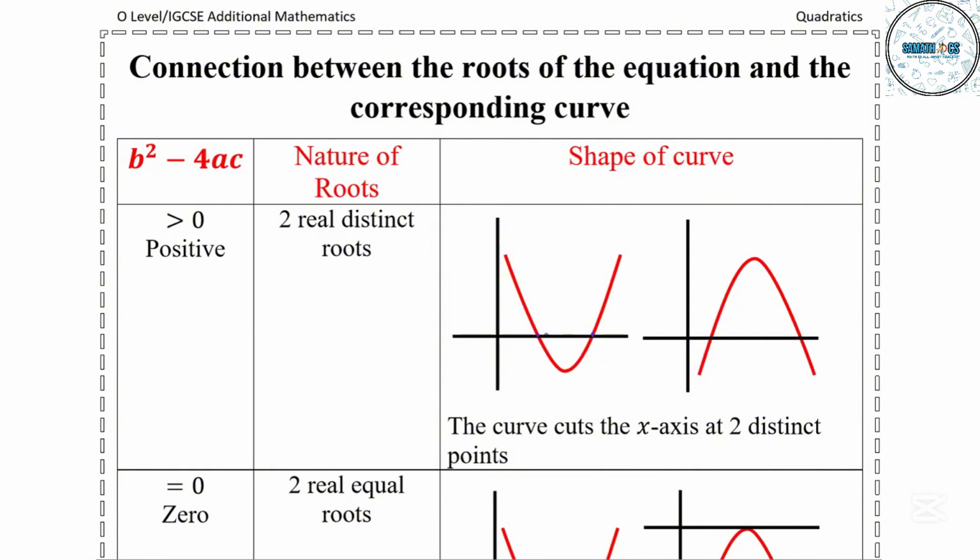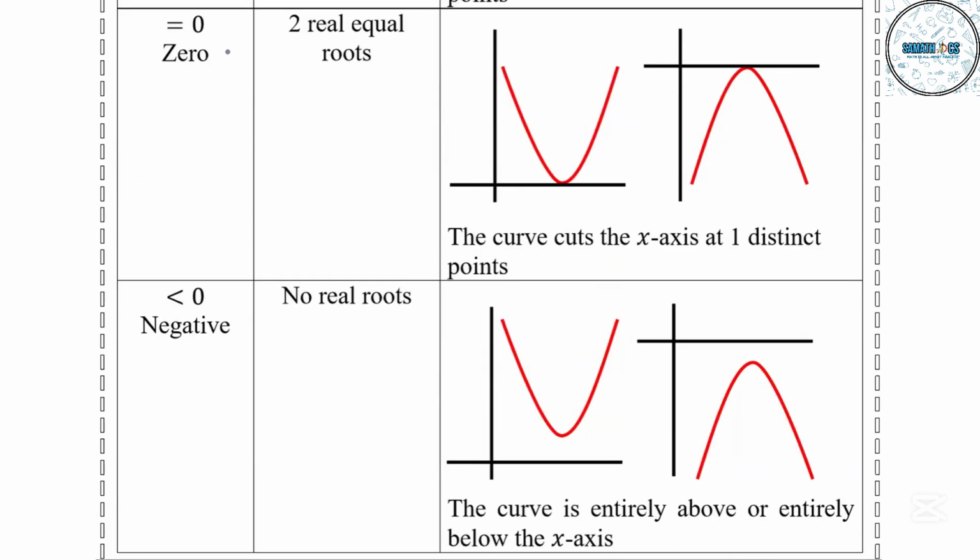In this case, the coefficient of x square is positive, and in this case, the coefficient of x square is negative, and here it intersects the x-axis at two distinct points. If b square minus 4ac is equal to 0, then there are two real equal roots.